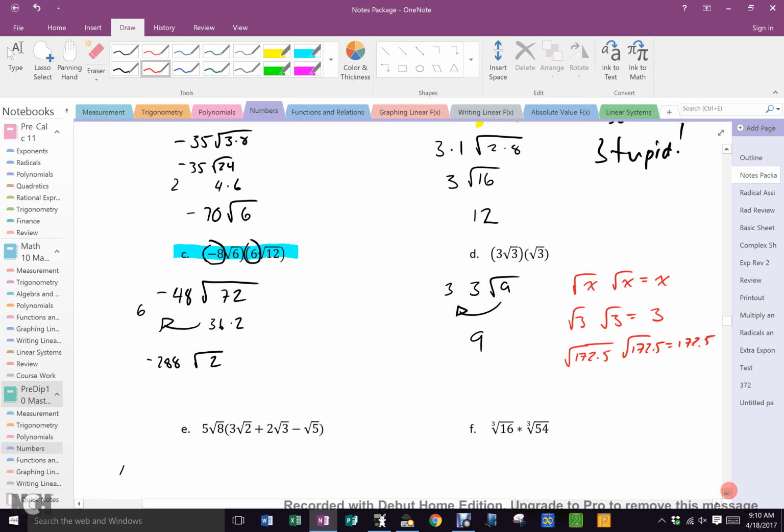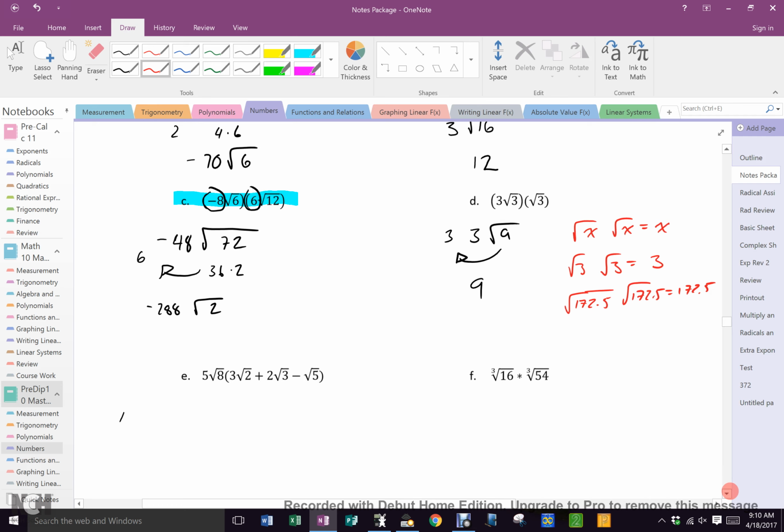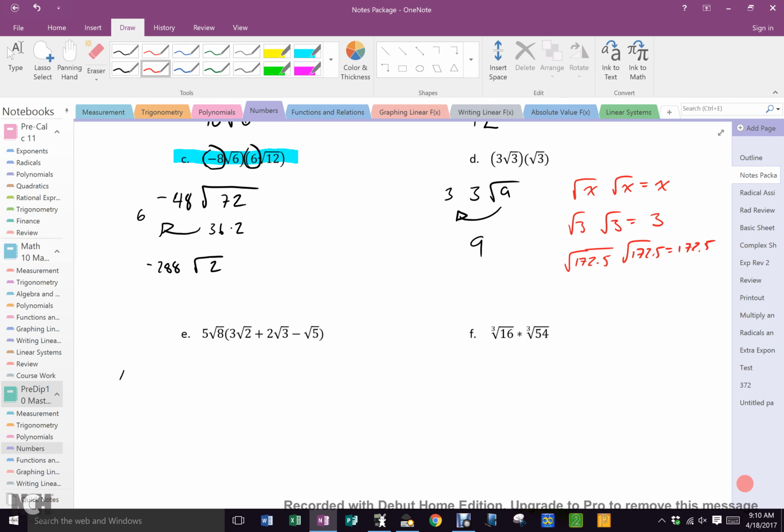All right. Now we're going to start to get a little funky. Look at E. Everyone's looking at it. Think about what you already know, which is how to multiply over brackets with variables. That's what you already know. And apply what you already know to this scenario.